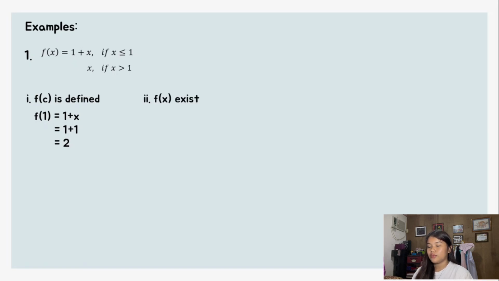Second condition: the limit of f of x exists. We have here two types of limit, the right-hand limit and the left-hand limit. First, let us do the left-hand limit. As you can see in here, this is 1 negative, so we will find the function that is for x less than 1.